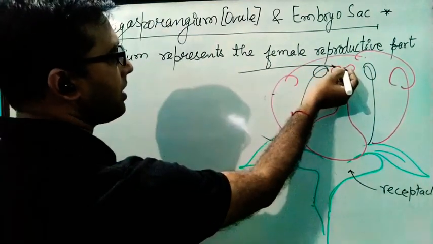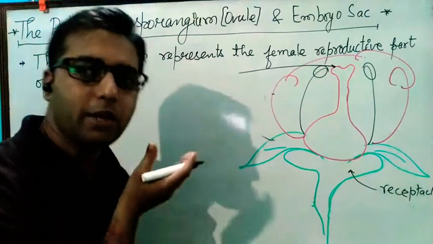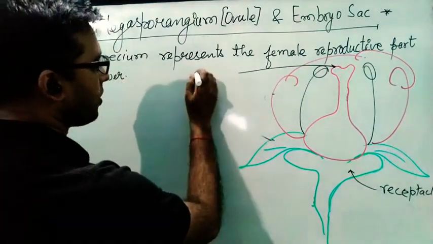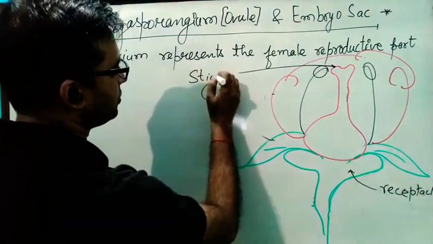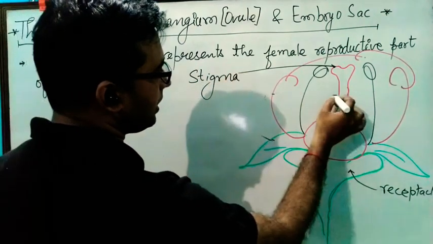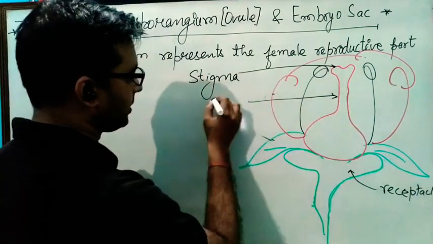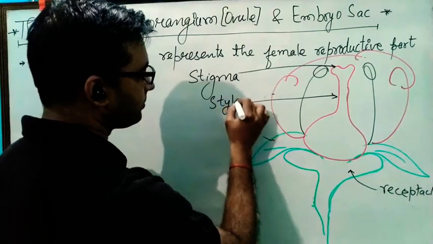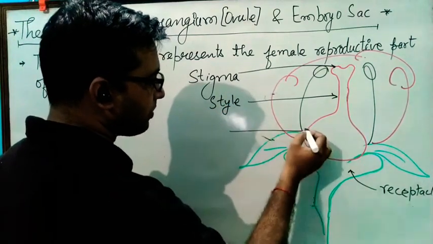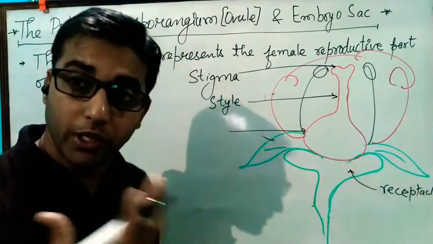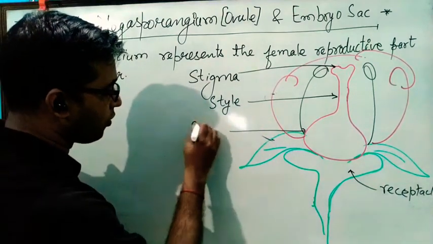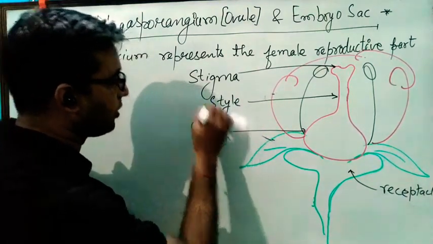The upper part, which acts as a landing platform, is known as the stigma. The elongated tube-like structure is known as the style, and the oval bulged part is known as the ovary.